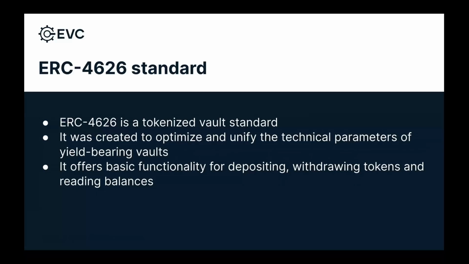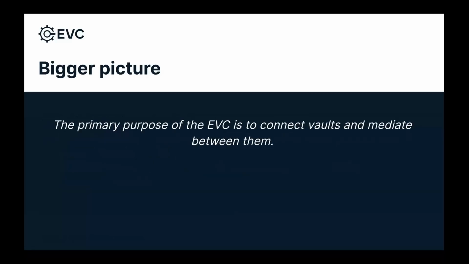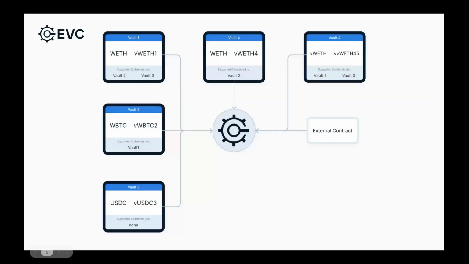Okay, cool. So let's take a look at the bigger picture to better understand today's task. The primary purpose of the EVC is to connect vaults and mediate between them. As you can see in the diagram, the EVC can be surrounded by a constellation of vaults.